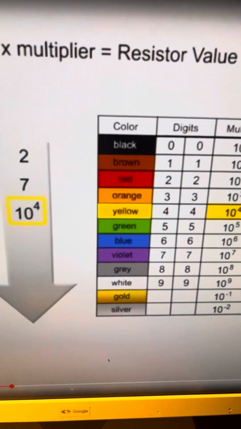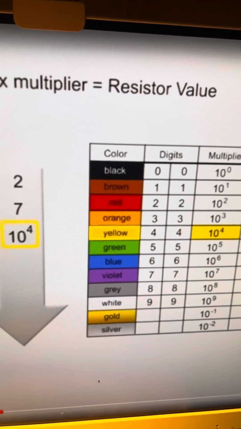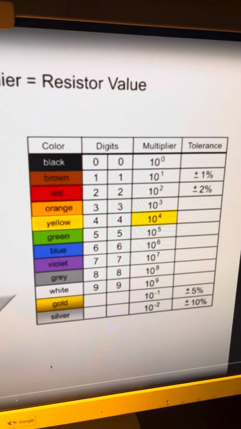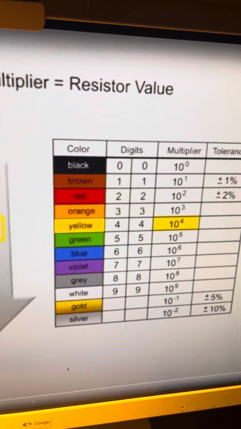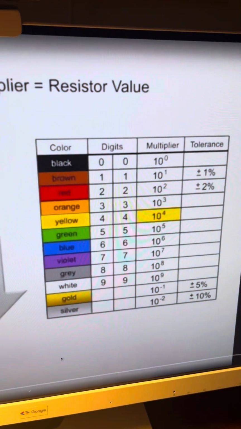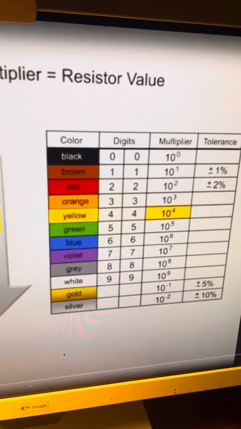So that was brown. So brown, the first value would be a 1. And the next is black. So black corresponds to 0. So we have a 1, a 0. And the third color here is a red. So red means the third value, 10 to the power of 2.